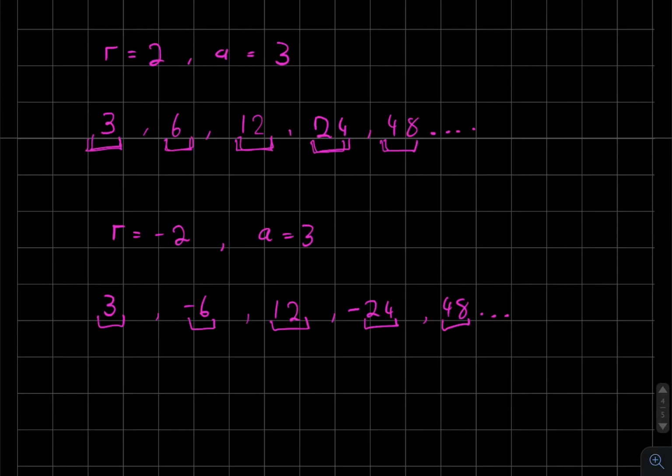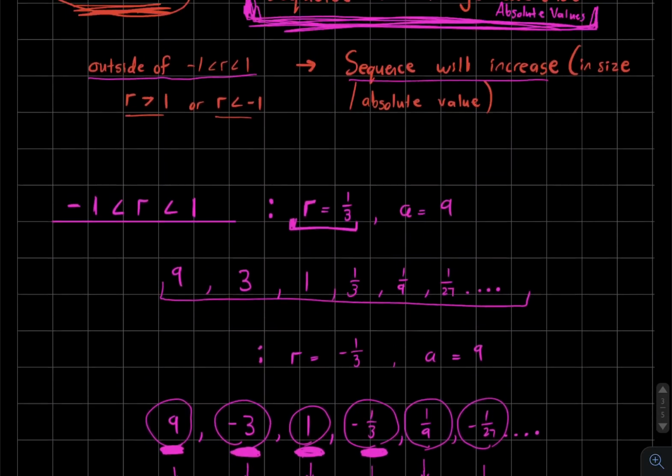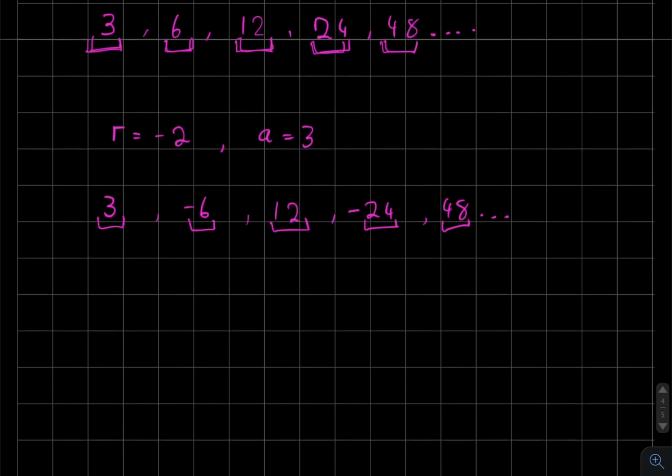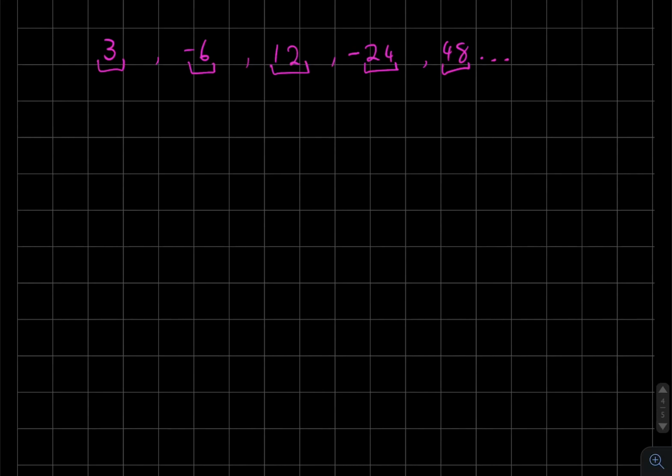Keep that in mind. Okay, so we see that our little property holds, but we do need to adjust a couple of things, because we do need to say that ignoring negative signs, the sequence will either decrease or increase. So let's go and write this down properly now.